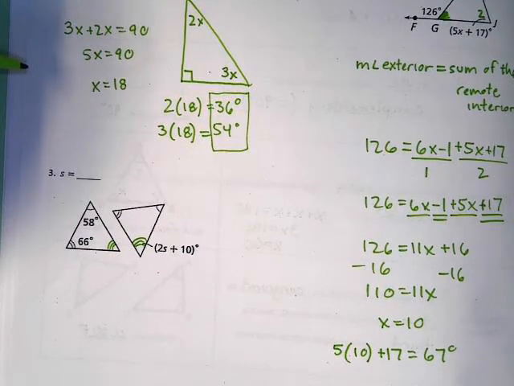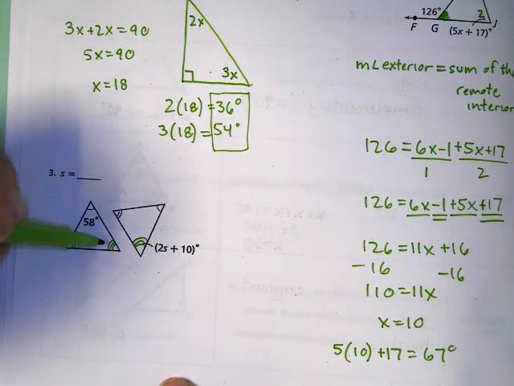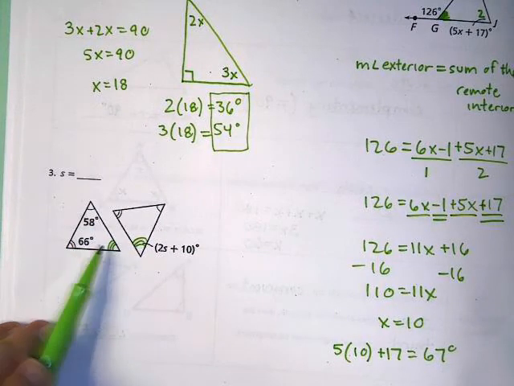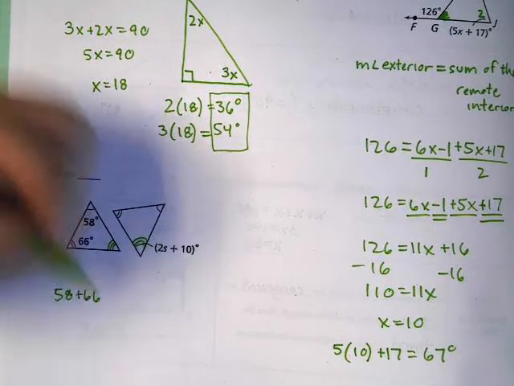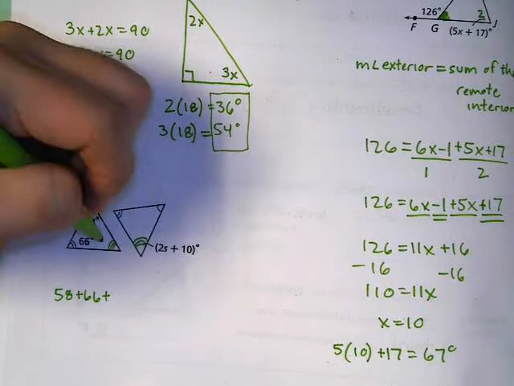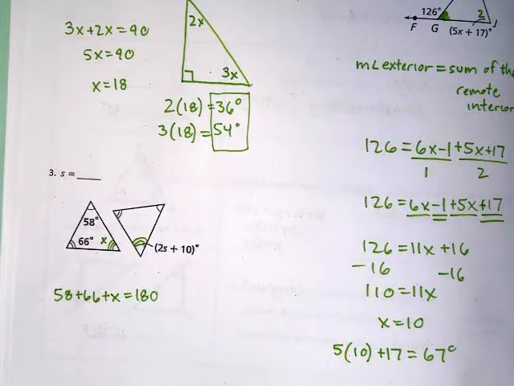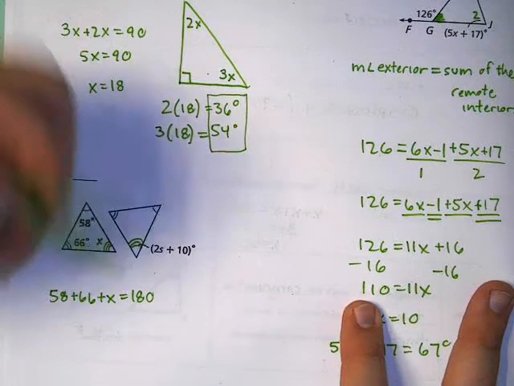So what I would probably say, and there's multiple ways to do this, is, well, I can get this angle, right? If I know these two, I can get this third angle by just saying angle plus angle plus angle has to equal 180, right? The 3 angles of a triangle must add to 180.